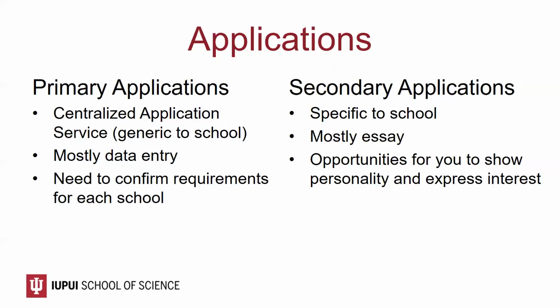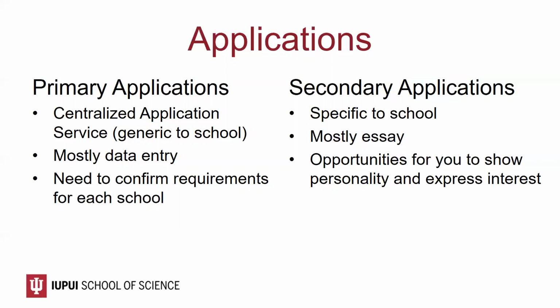These secondary applications are essay-based and are specific to the individual school. This is an opportunity for you to show your personality and express your interest in a particular school. Secondary applications can have usually between 3 to sometimes as many as 10 essay prompts.